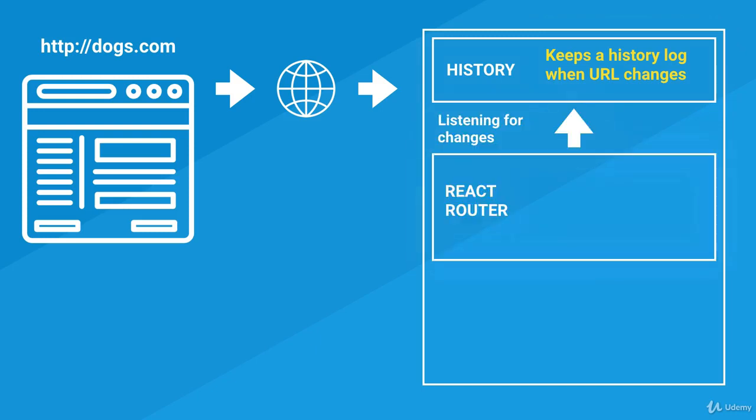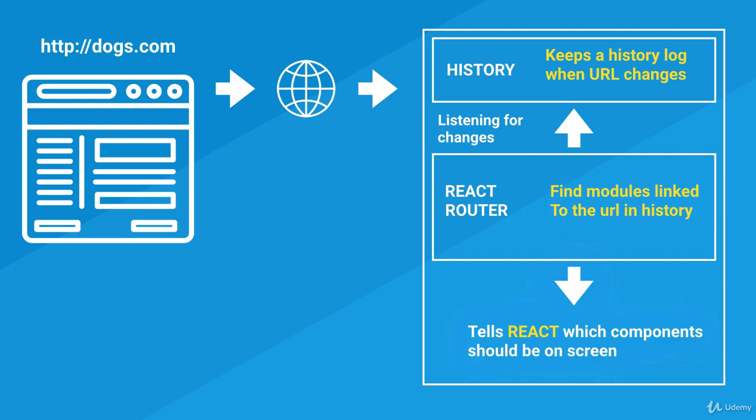Then we have the React Router. The router is going to be checking the history. It's going to be listening for changes. So whenever we get a change on the URL, it's going to detect it. And then it's going to go and find the modules that are linked to that URL. So let's say we have a Shih-Tzu. We're going to go to the module that belongs to Shih-Tzu. And then it's going to say, hey, React, we have a change on the history, so you need to show this component.